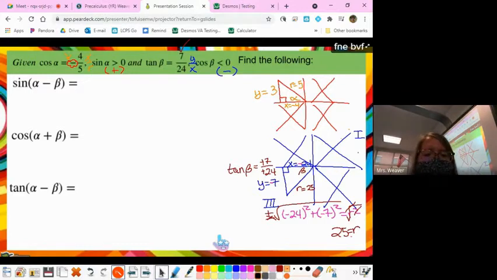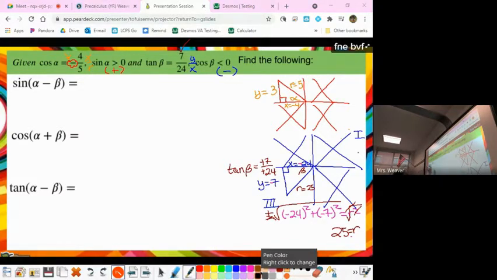Okay, are there any of these that you guys would like to see worked out? It is just plugging into a formula. So I'm going to give you the correct answer so you can know if you're correct. And I'm happy to work any of them if you struggled with any of them and need to see them worked out. But otherwise, we'll just move on to our next problem. So on this one, for the sine of alpha minus beta, you should have gotten -4/5.